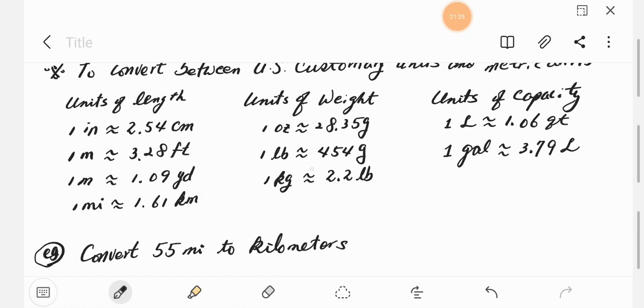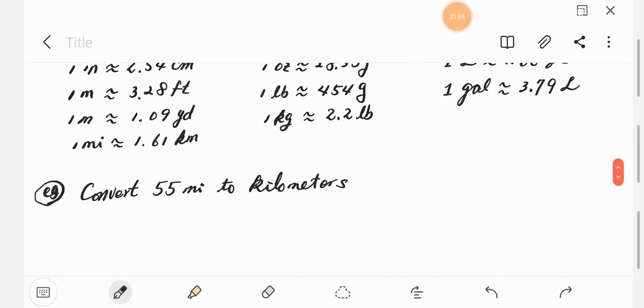For the unit of weight, 1 kilogram is approximately equal to 2.2 pounds, and 1 pound is approximately equal to 454 grams. And for the unit of capacity, 1 gallon is approximately equal to 3.79 liters. The numbers are not exact, so we use the approximately equal to symbol.